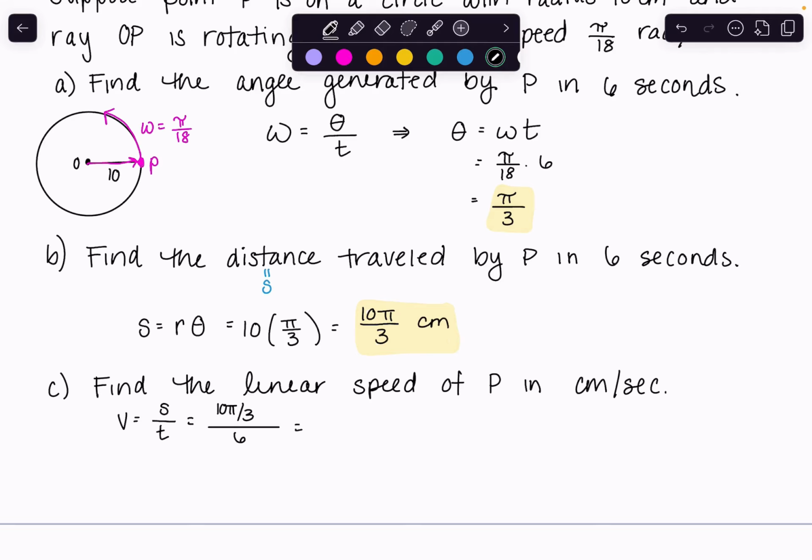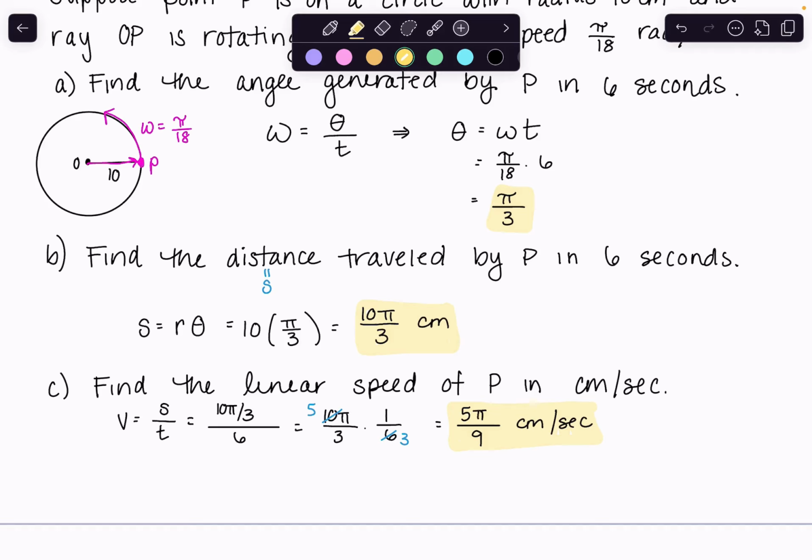So if I rewrite this, this is 10 pi over 3 divided by 6. So that's times 1 over 6. These are both divisible by 2, so that gives me 5 over 3. So this would be 5 pi in the top, and then in the bottom, 3 times 3 gives us 9. And that would be in centimeters per second. Okay.